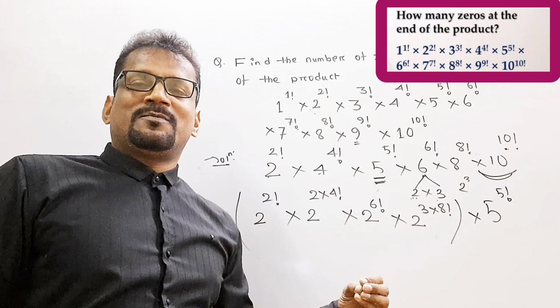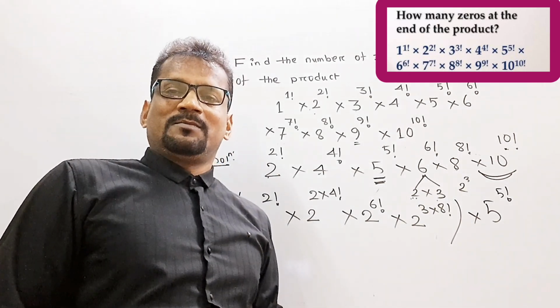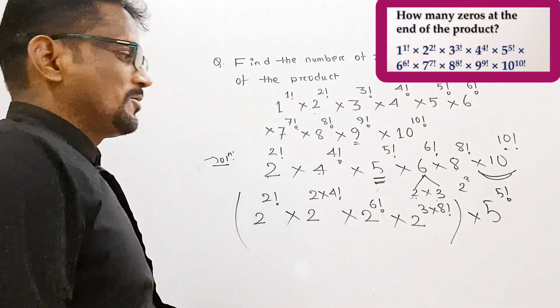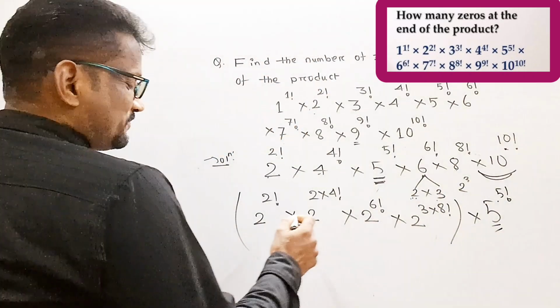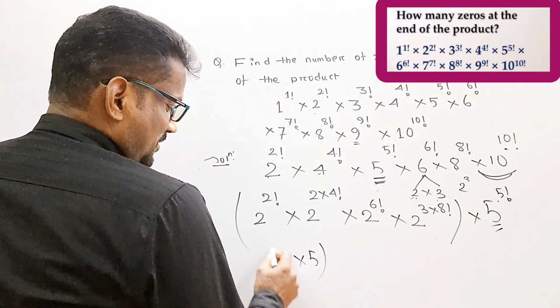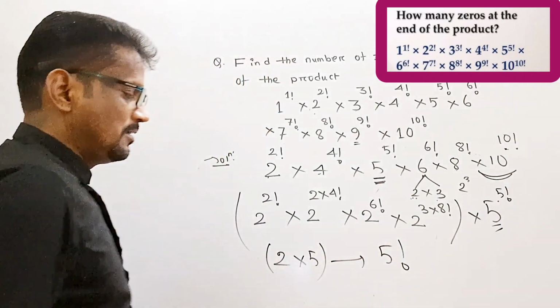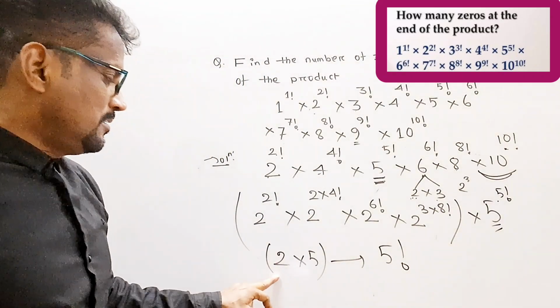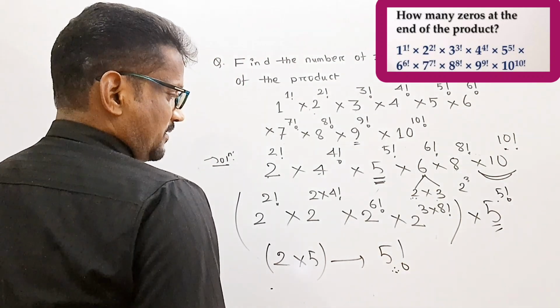Then how many pairs will there be? As many 5's as there are, that many pairs will be possible to make. Since factorial 5 number of 5's is there, we can say the pairs of 2 into 5 will be 5 factorial.